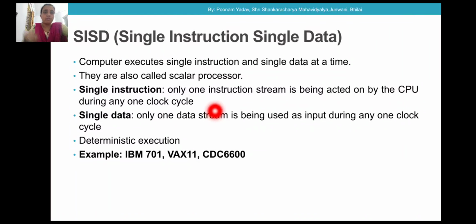In single data, only one data stream is being used as input during any one clock cycle. This is deterministic execution. Examples of SISD are IBM 701, VAX 11 and CDC 6600.